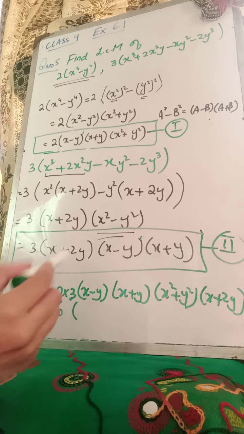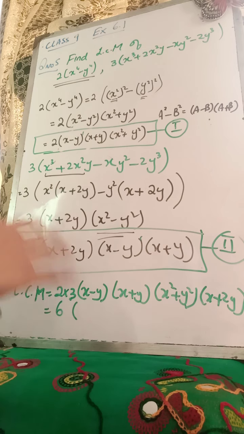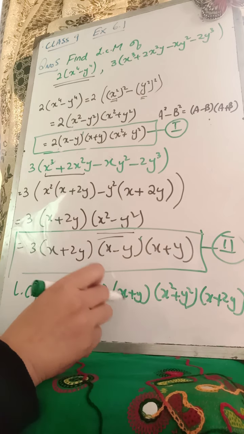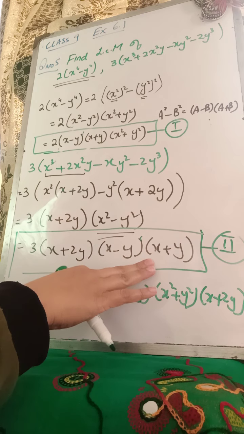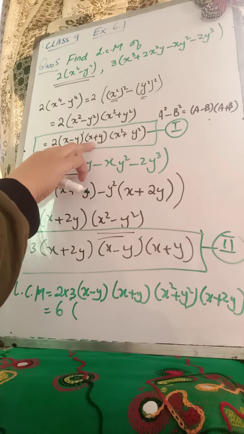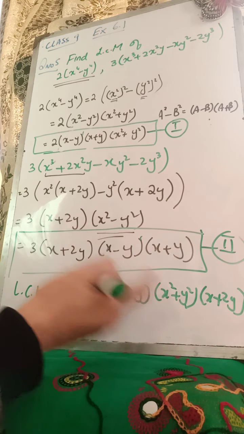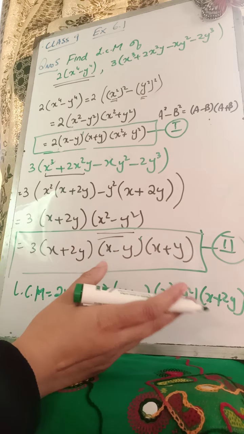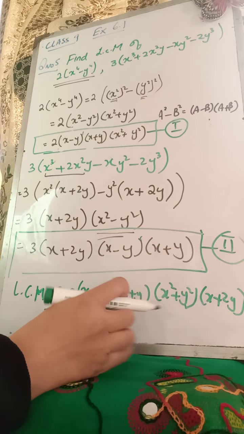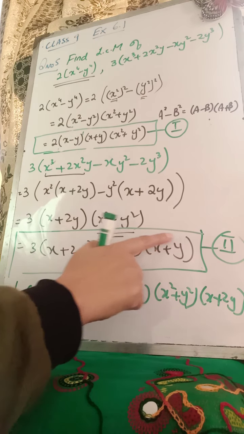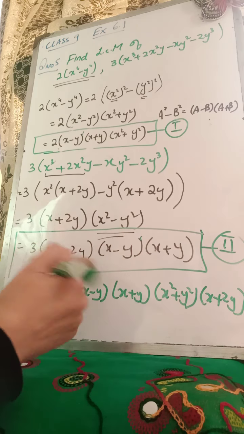So always take the highest power of all the factors. x plus y has power 1 here and here is also 1, so I have taken power 1 over here. x square plus y square also has power 1. For x plus 2y, the highest power that we can see is 1. We have no other exponent of x plus 2y which is greater than 1.